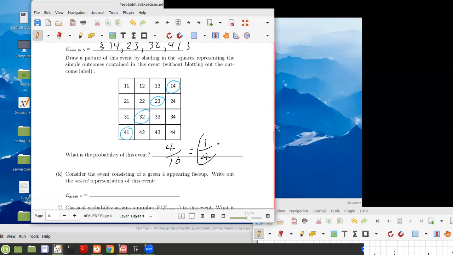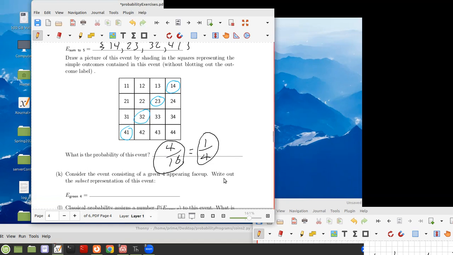This way, although it's not a reduced fraction because you have a 4 in the numerator and denominator, sort of illustrates where it came from in terms of the formula. The probability is the number of outcomes in the event divided by the number of outcomes in the sample space.